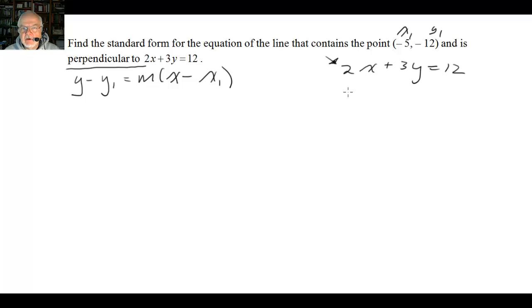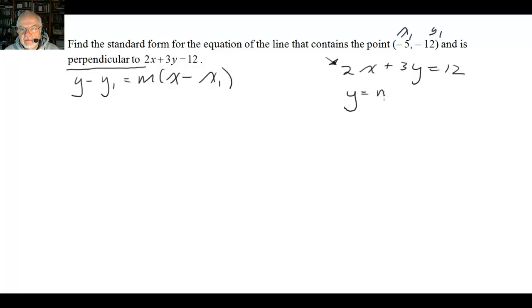So how do I find the slope? I have to go to my cheat sheet or my book. The slope-intercept formula.